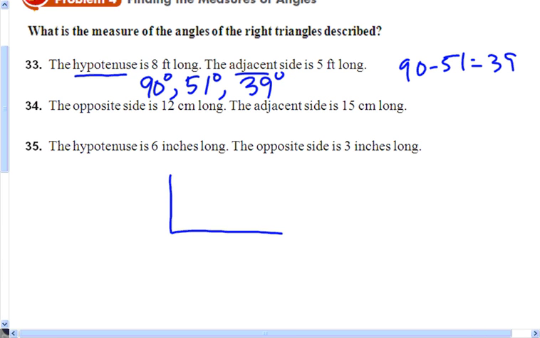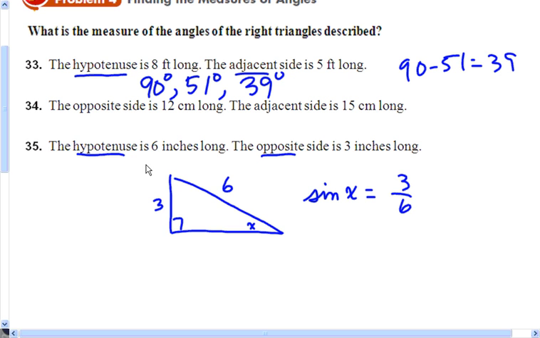Draw a quick picture here. Hypotenuse is 6, opposite side is 3. If we're saying this is the opposite side and that's the right angle, then we're talking about this angle right here. And opposite and hypotenuse, that's the sine. So the sine of x is equal to 3 over 6, which is, of course, 1/2, 0.5.